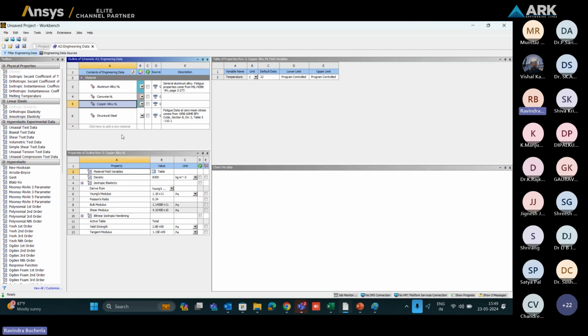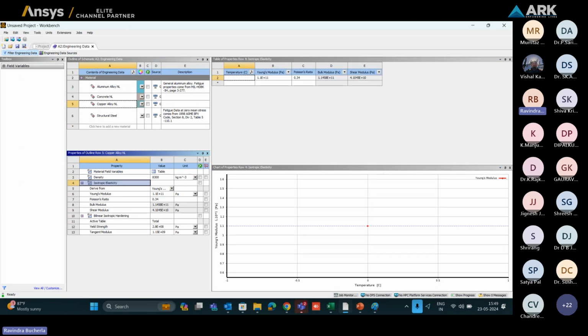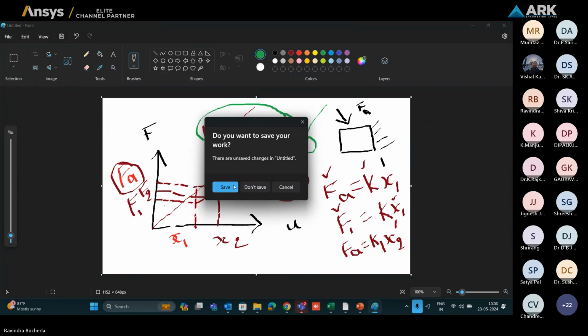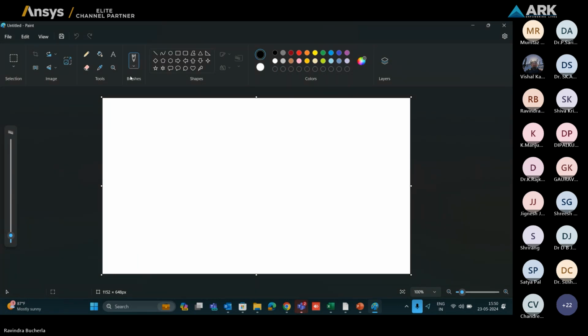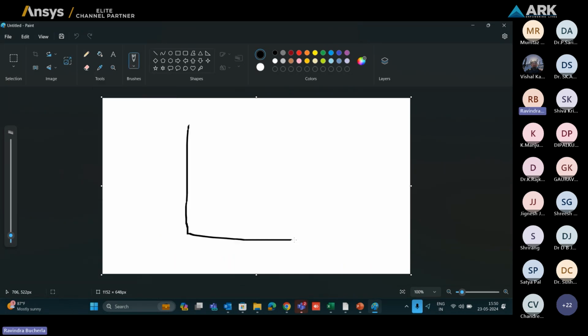Okay, so if you have the properties like density and isotropic elasticity, let's suppose we see the stress strain graph.